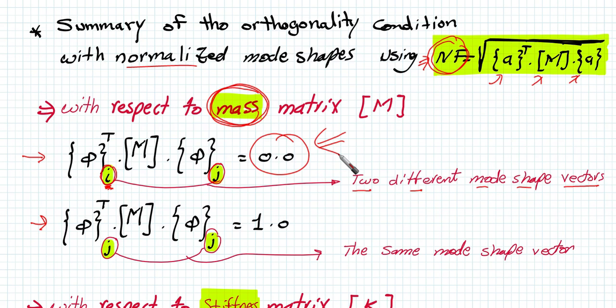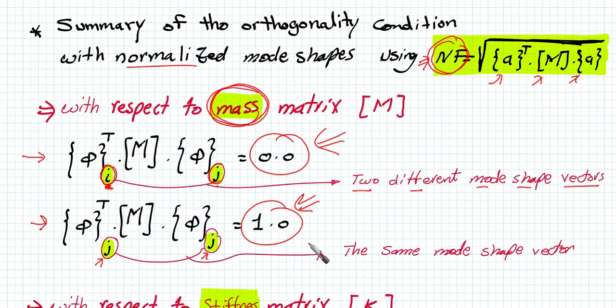And the second case, if we have the same left hand side, but instead of two different mode shapes we have the same mode shape, phi transpose of J dot mass matrix dot phi of J, it equals 1.